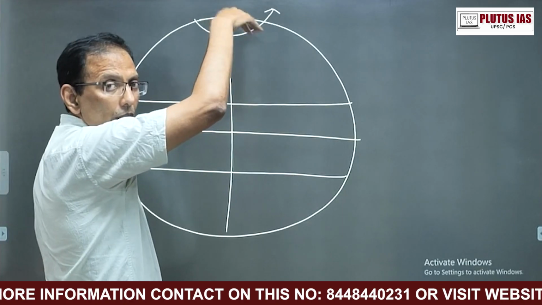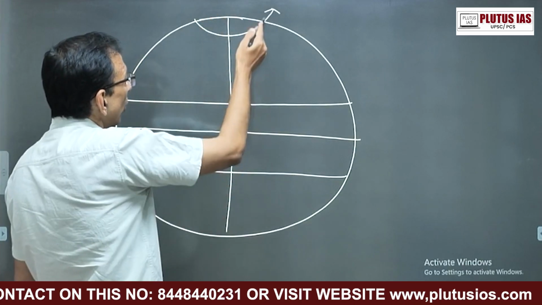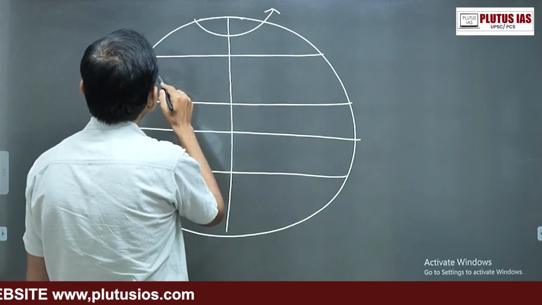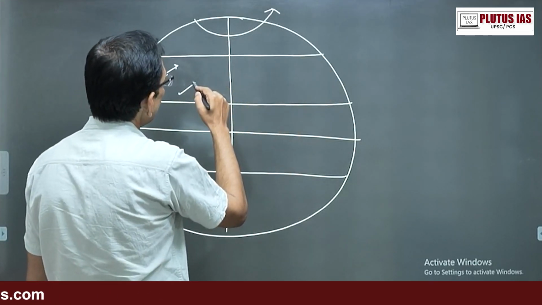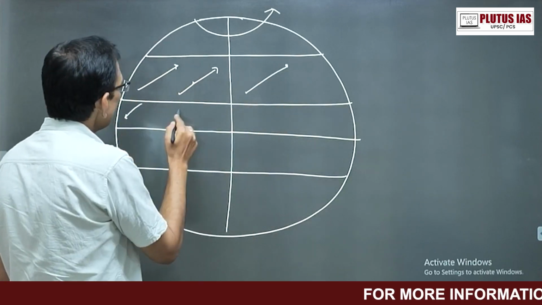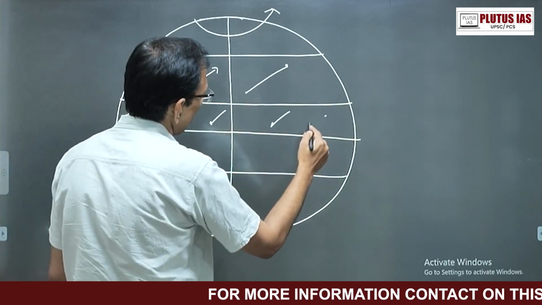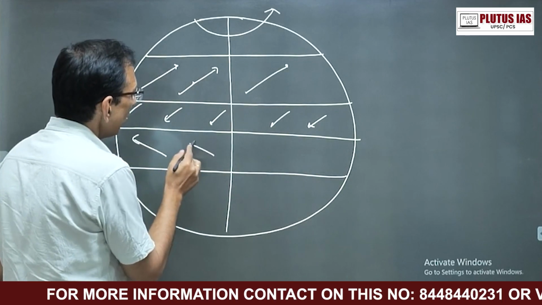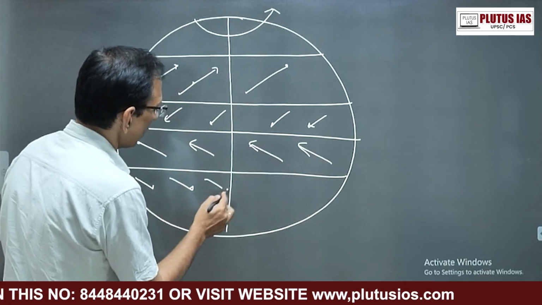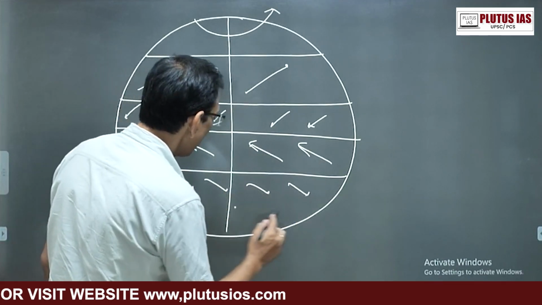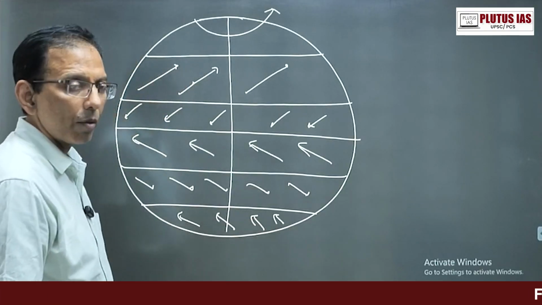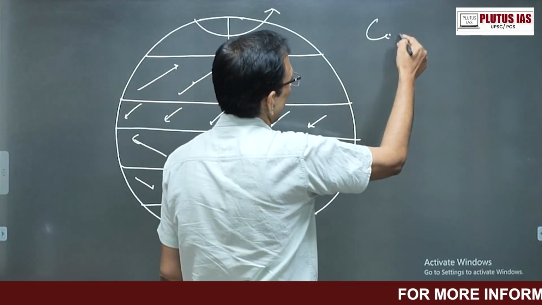Because of such rotation, all the winds, whether of the northern hemisphere or southern hemisphere, would have the impact of the rotation of the earth, which is termed as Coriolis force.